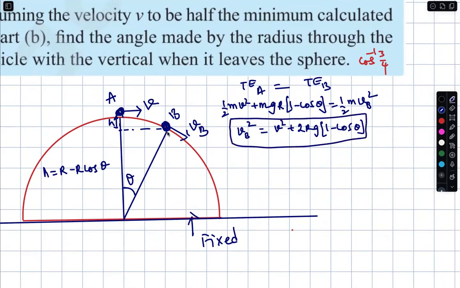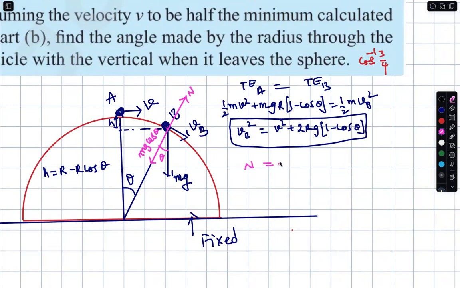Right. At this point, this will experience a weight mg. Don't forget, there is a theta. So in this direction, mg cos theta, normal reaction.